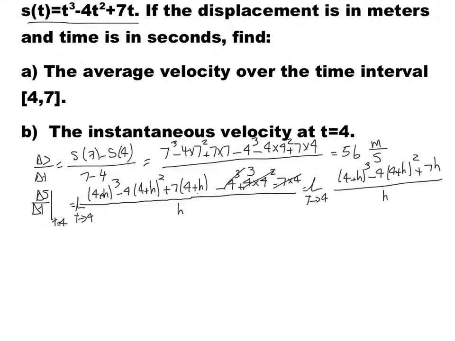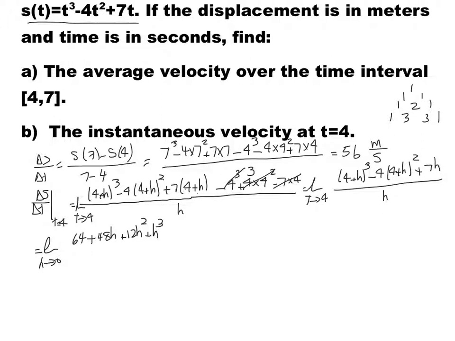Now, if we use Pascal's triangle to expand (4 plus h) cubed, we are going to get the limit as h goes to 0 of 64 plus 48h plus 12h squared plus h cubed. Remember the Pascal triangle is 1; 1, 1; 1, 2, 1; 1, 3, 3, 1.